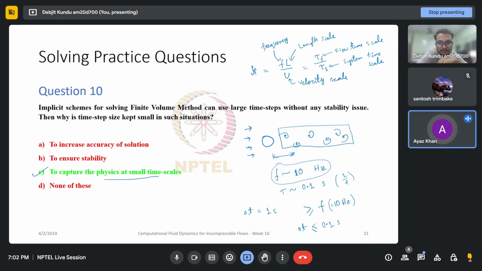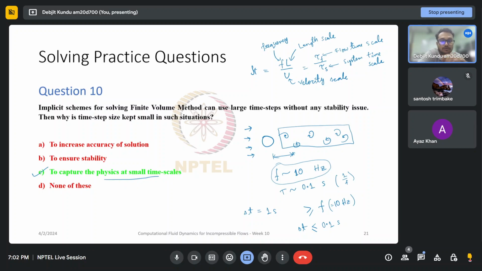And sir, is it related to Reynolds number, higher Reynolds number then smaller cell size? That depends on the exact case you're handling. Not Reynolds number, it's the Courant number which is important. The CFL criterion will determine that. In an implicit scheme, the Courant number doesn't make any difference.